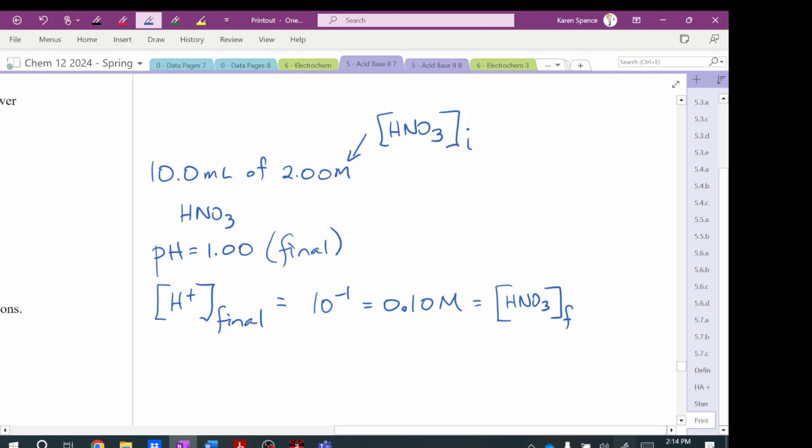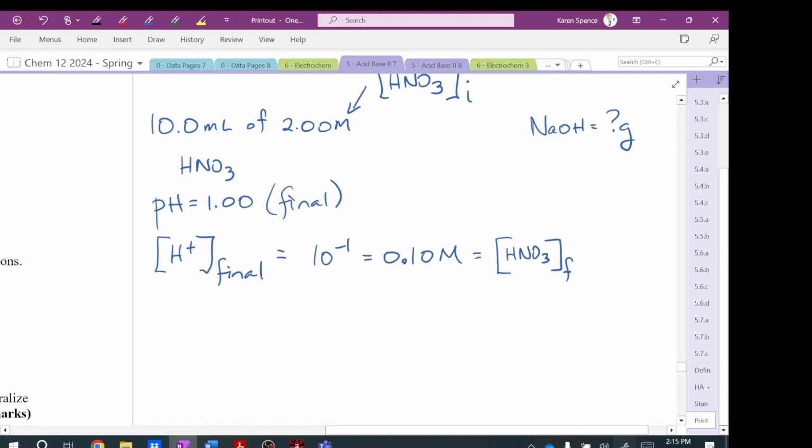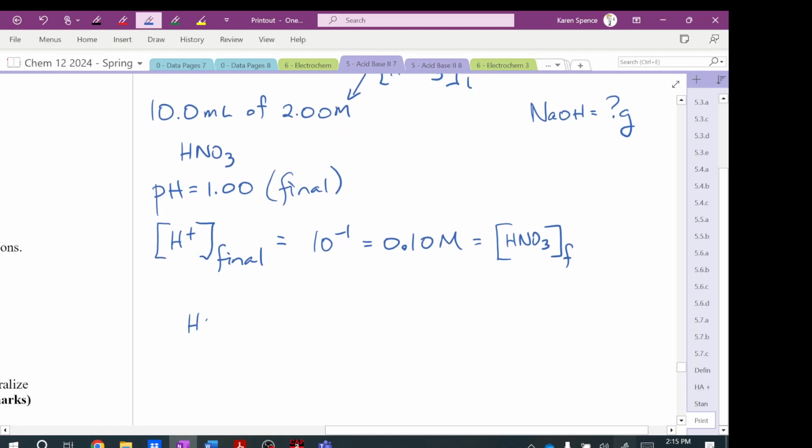Now we can do a RICFA table if you would like, or we can just do numbers. Do you have a preference? No? Okay. Why don't we do a RICFA table just because it keeps you organized? So we know that HNO3, we are going to react it with NaOH, and we don't know how many grams. So we have HNO3, and we're reacting that with NaOH.